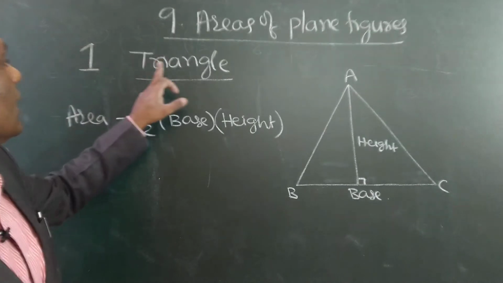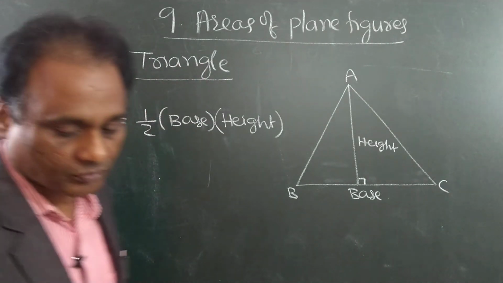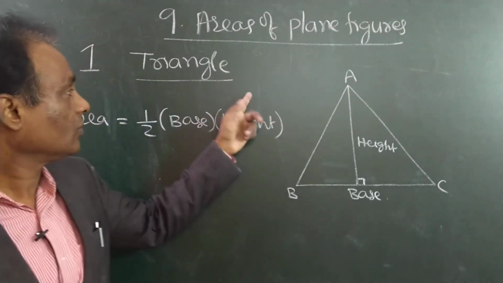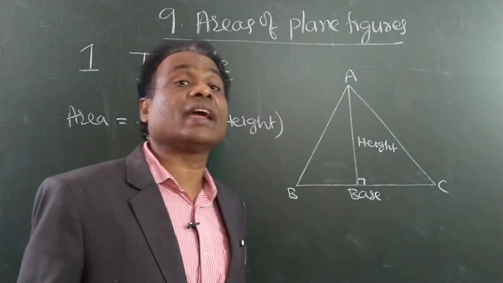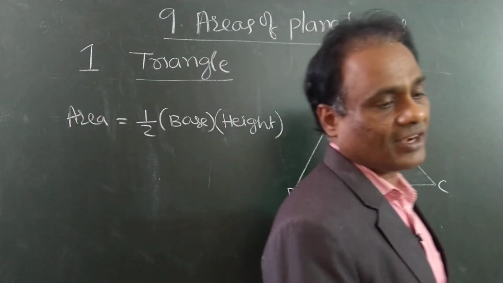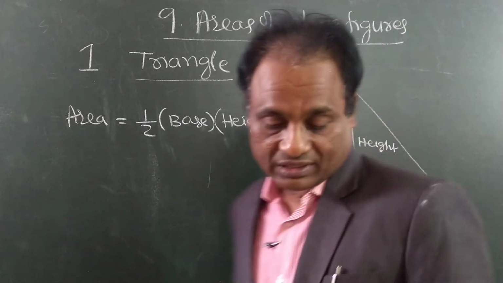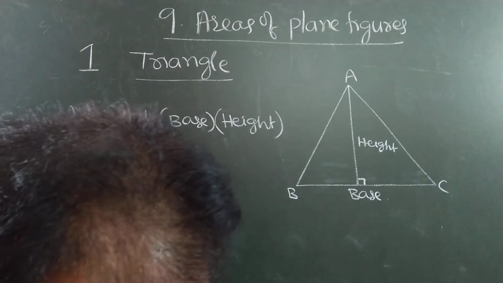So first write down this triangle as the heading. Write down triangle. A plane figure bounded by three sides is called a triangle.